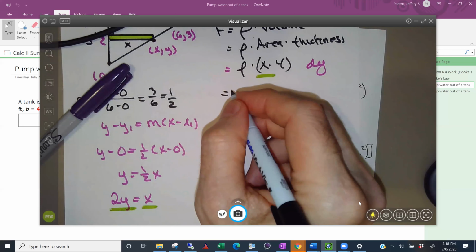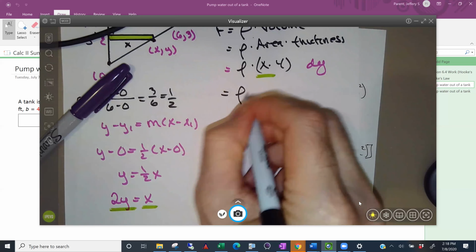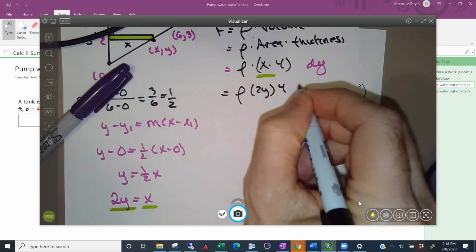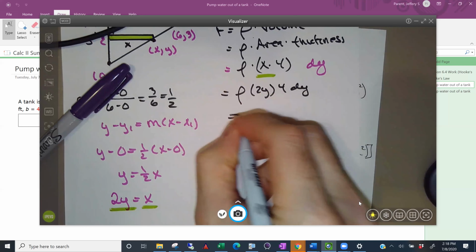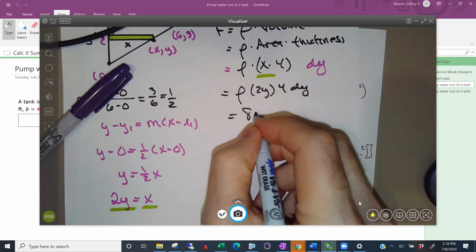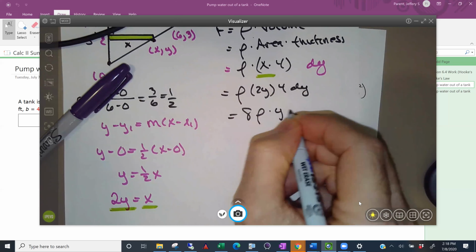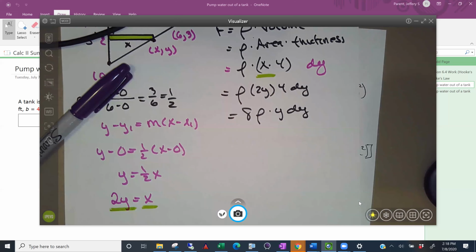So it's going to be rho times 2y times 4 times dy, or in other words, 8 times rho times y dy. So that's the force required to move one slice. Okay. Are you comfortable with how we got that part?